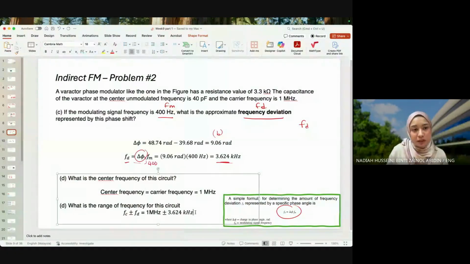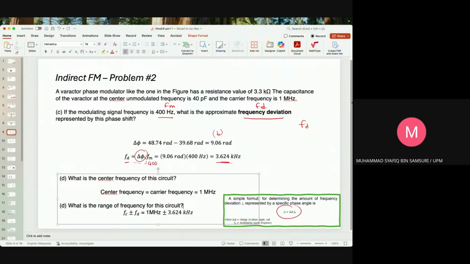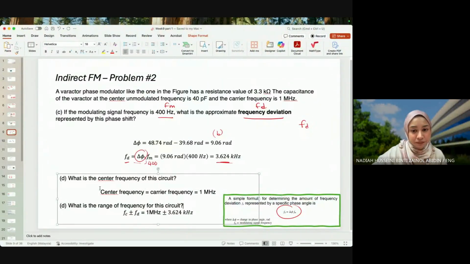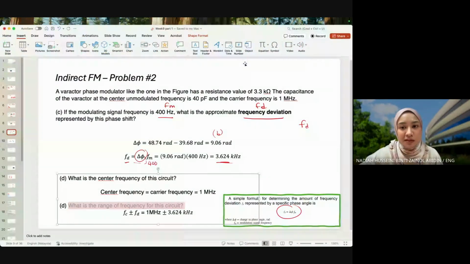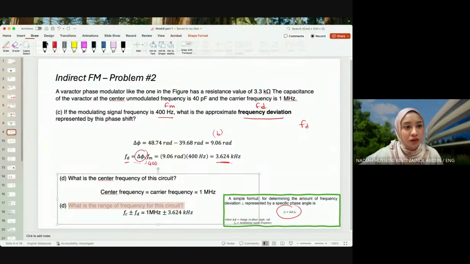Okay, is that okay? Okay, so this question has a loophole. It's asking what is the range of frequency for this circuit. Well, we only discussed 55 picofarad and 40 picofarad, which is not really ideal.